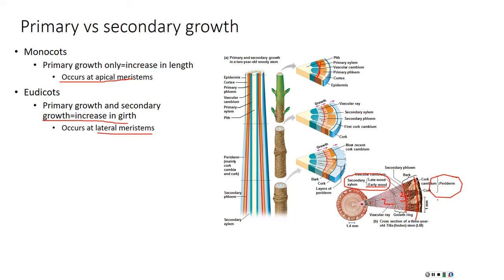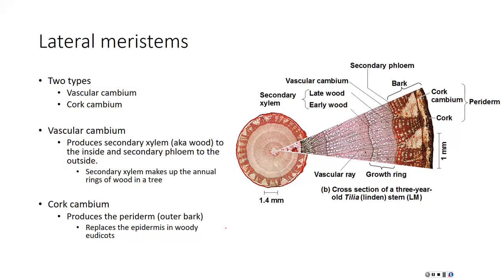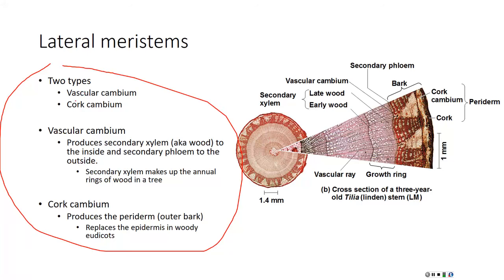So the periderm, along with the secondary phloem here, we collectively call the bark of the tree. Oh, look, it's all right here. Sorry. So, two types of lateral meristems, vascular and cork cambium. Okay, I think I said all this, but we also have it up there.